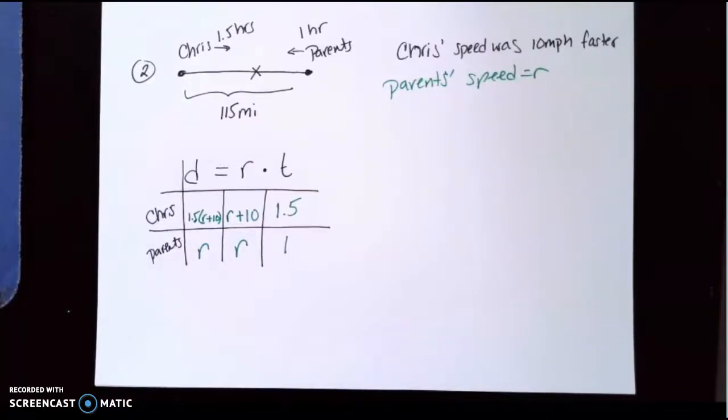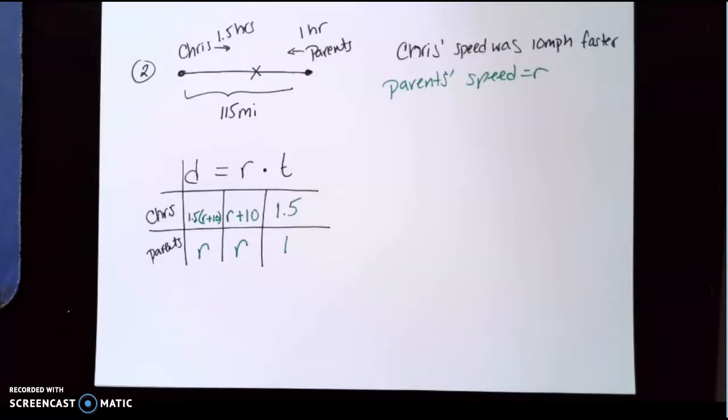Now, in the train example that we had just looked at, the distances were the same for both trains. In this case, that's not the case. We don't know which person traveled the farthest. We could maybe make a guess that Chris might have traveled the farthest because he drove longer, but he also went faster. We don't know that they're exactly at the halfway point either.